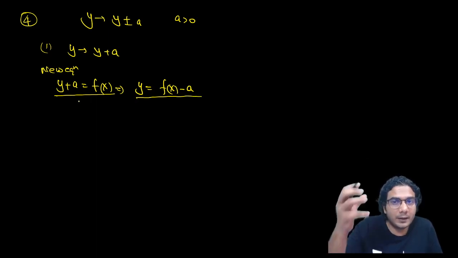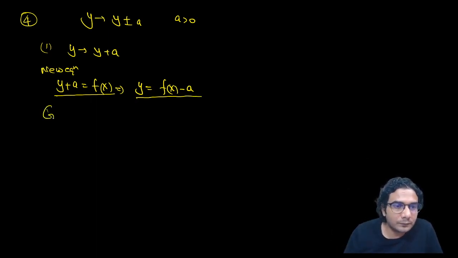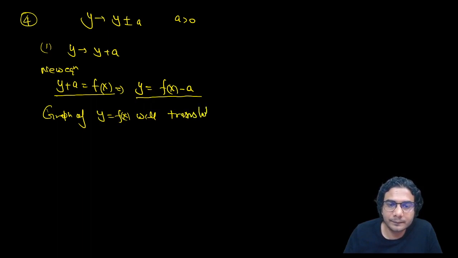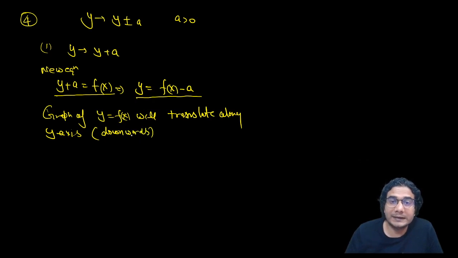Now what will happen when you do that? The whole graph will come down. The graph of y is equal to f(x) will translate along the y-axis, and in this case downwards.